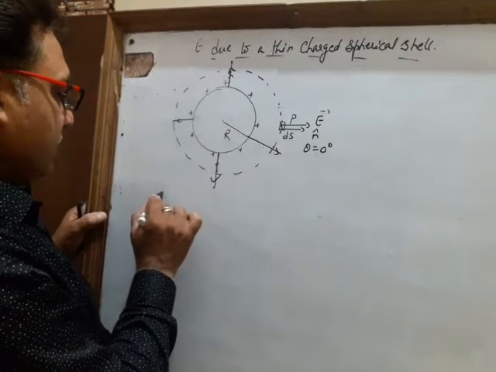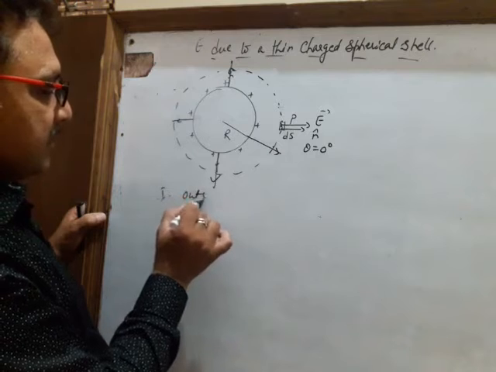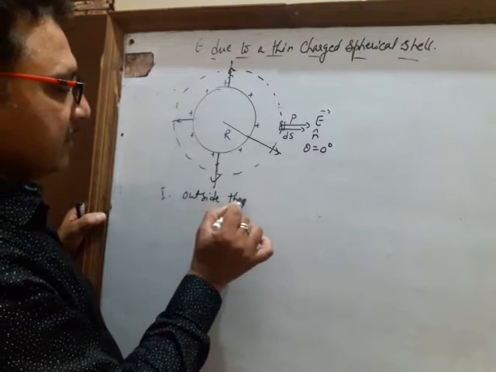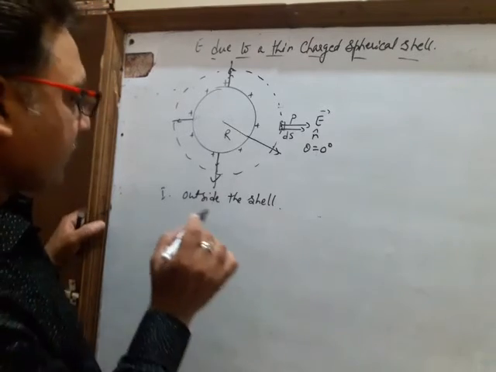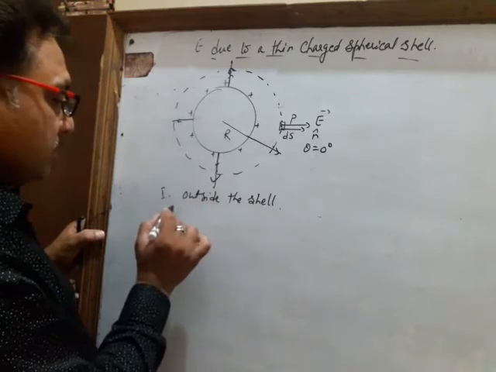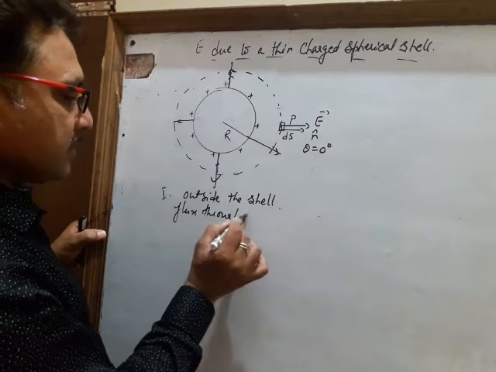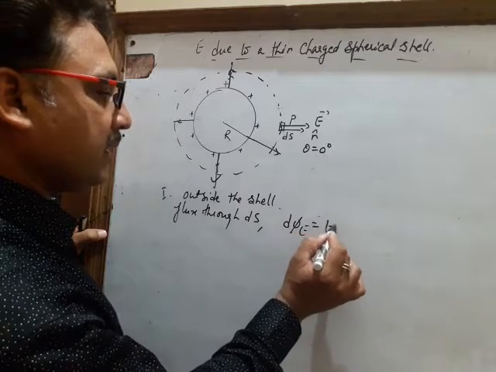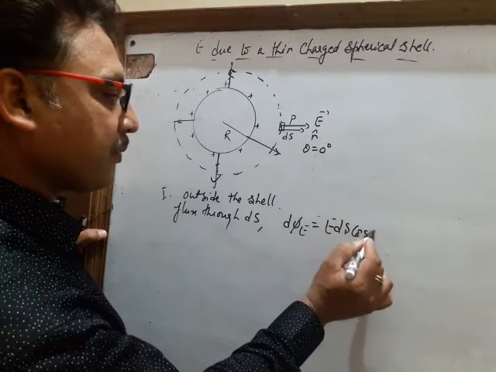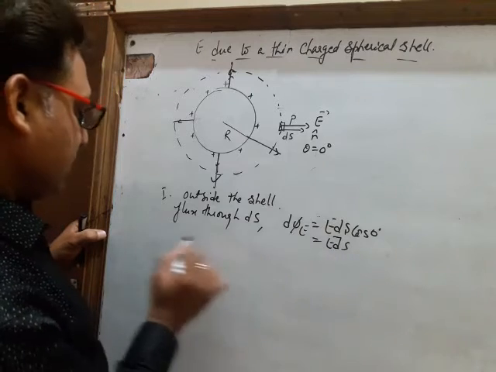So first case, outside the shell, we are finding the field intensity outside the shell. So flux through ds is d phi e equal to E ds cos 0. This is E ds.